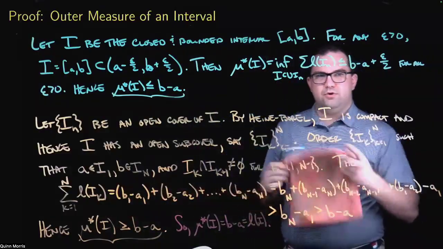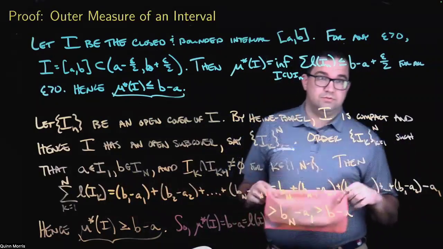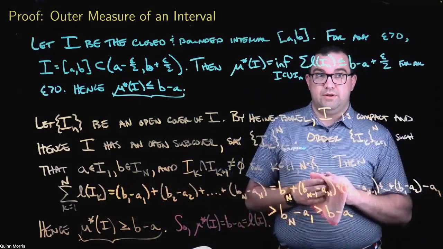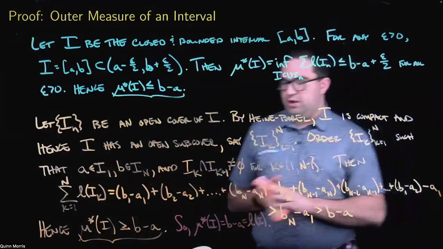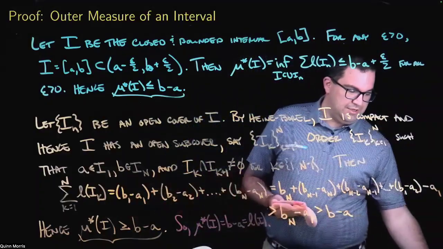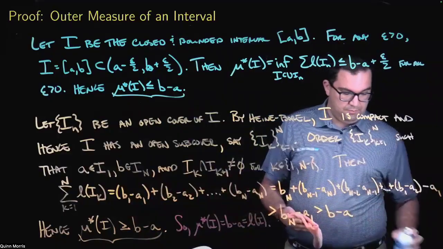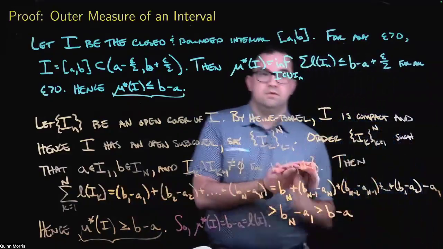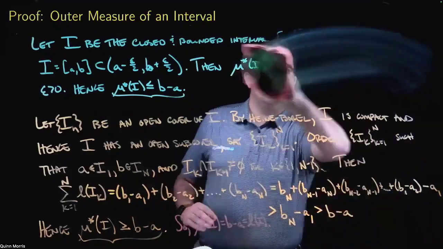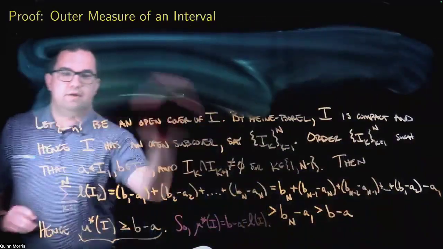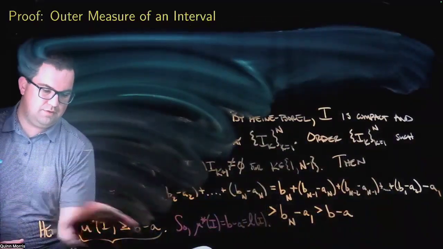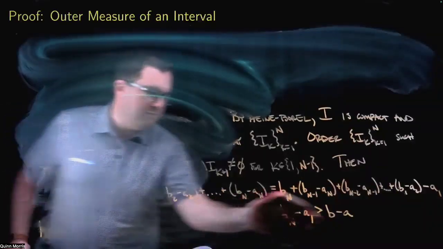Okay, but what do we do when I is not closed, just bounded? Or what do we do if it's not bounded at all? Well, it turns out we can actually use this result to help us substantially with the rest of our proof. Let's erase here, take a moment to regroup, and then we'll very quickly knock out the rest of these cases.